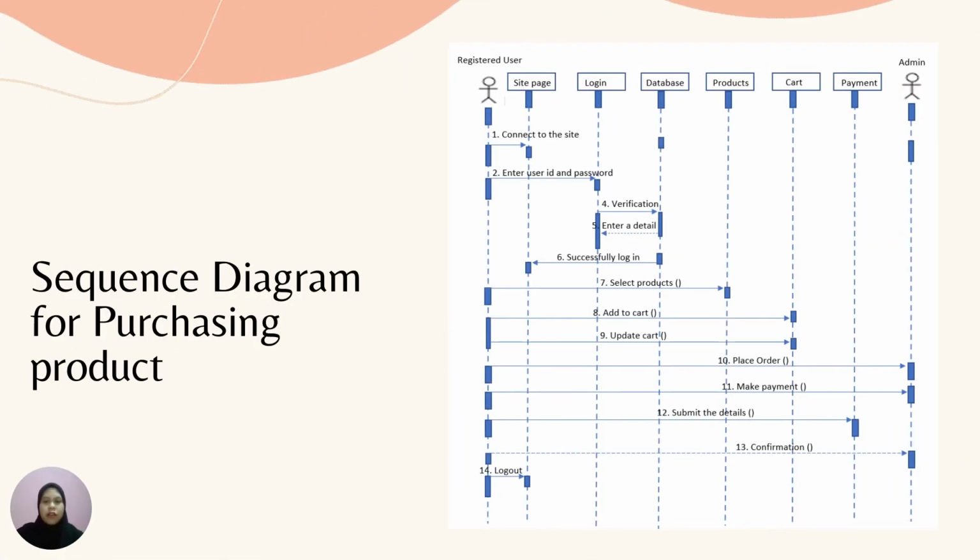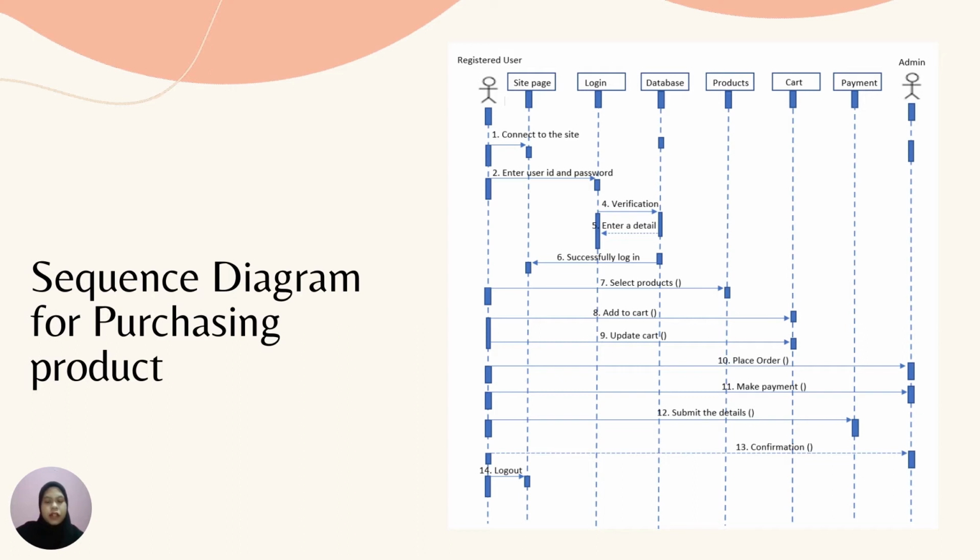Last is the sequence diagram for purchasing the product. For this method of purchasing in Shopee, there are 2 actors, which are the user and the admin. There are 6 objects in this purchasing, which are site page, login, database, product, card, and payment. For example, in this sequence diagram, the user needs to open this application and get access with username and password.